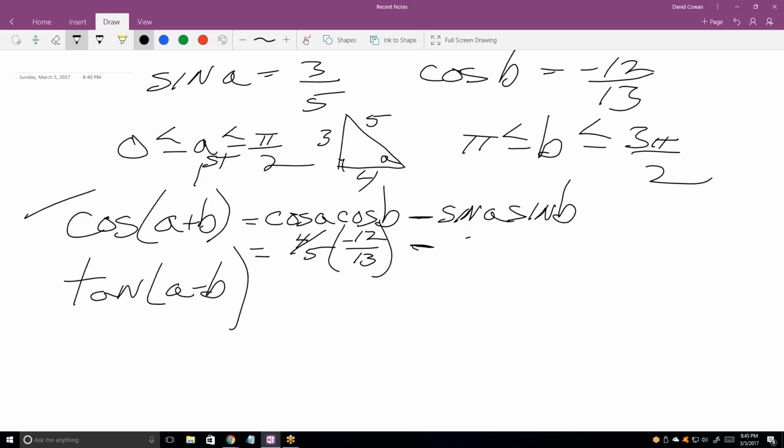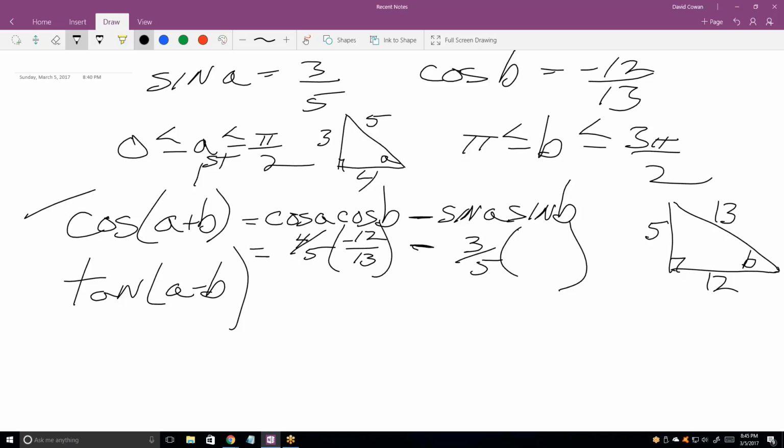They gave it to us, 3/5. What's the sine of B? Here, make another triangle. Label B. Dimension B based on the fact that the cosine of B is 12/13. That makes this side 5.